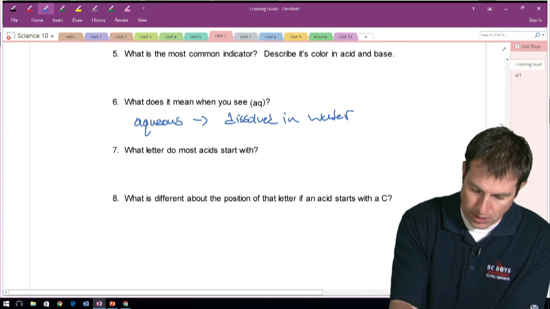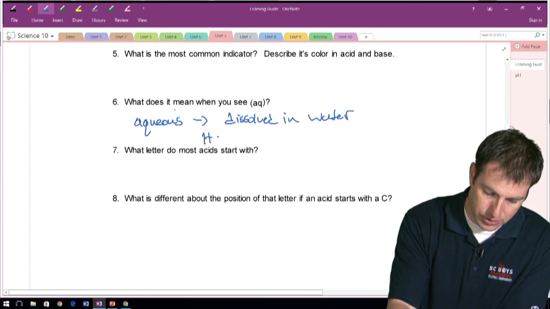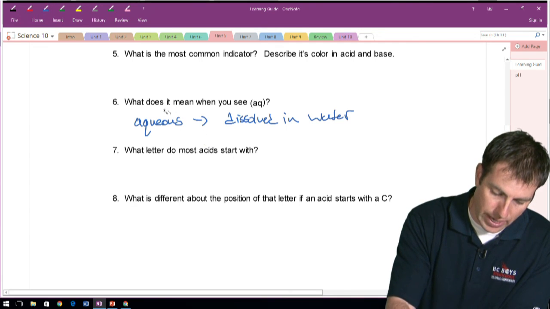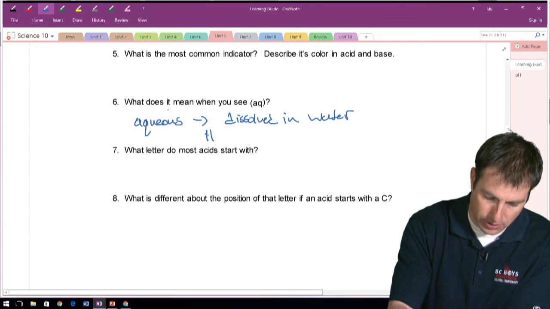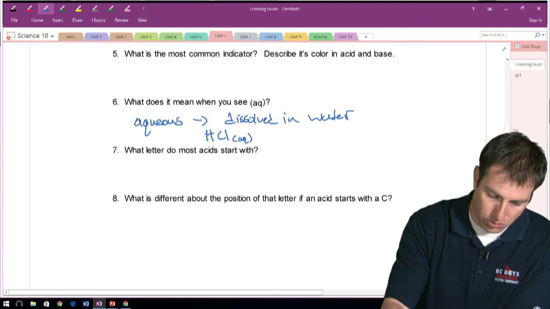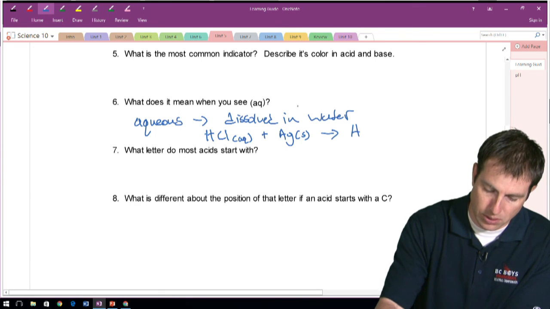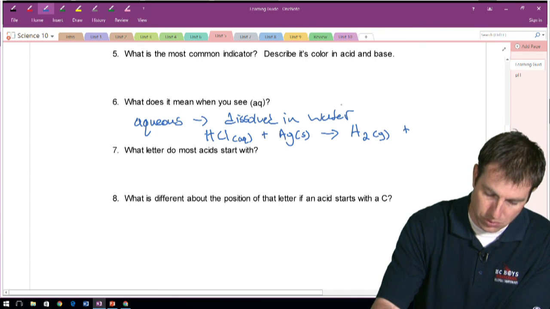So if you had something like HCl, in terms of a chemical reaction or a chemical equation, sometimes you see the little brackets like AQ plus, I don't know, let's pick a metal, silver, as a solid, produces hydrogen gas, and what else would it produce? Silver chloride.